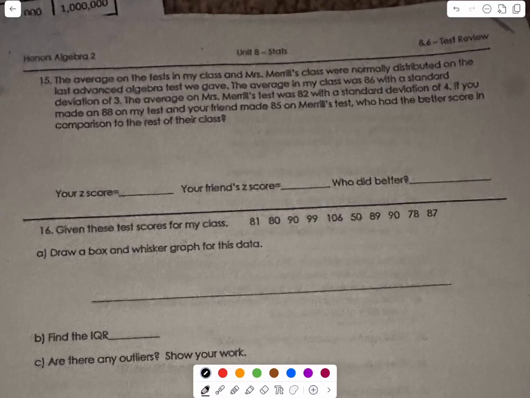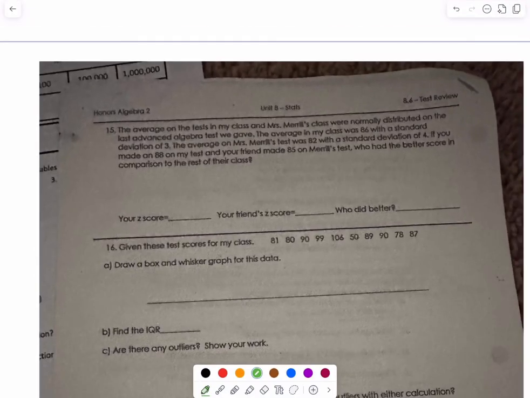Your z-score. Okay. So if we're doing the z-scores, what we've been doing thus far, the z-score was x minus mu over the standard deviation.